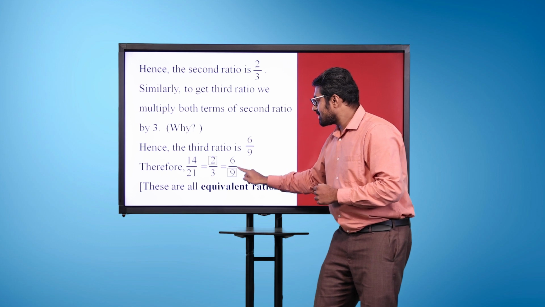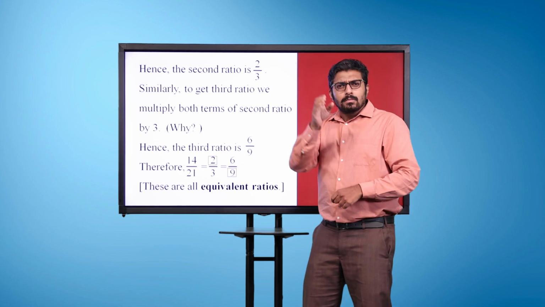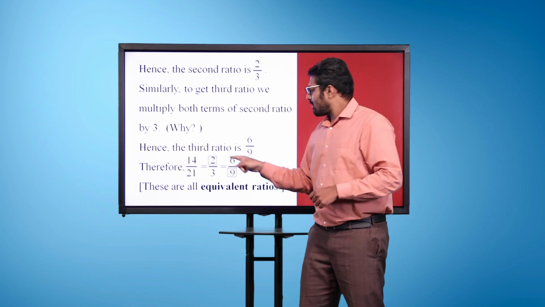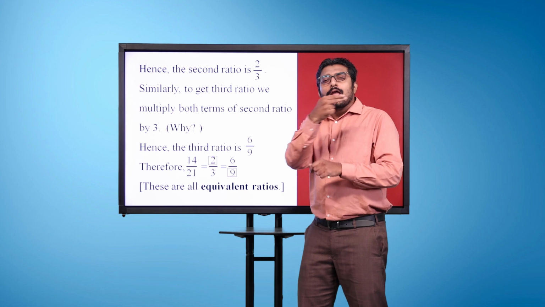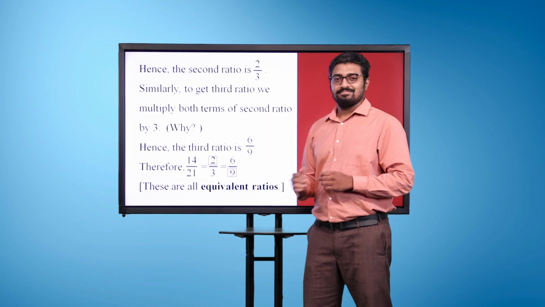Hence, the third ratio is 6/9. Therefore, 14/21 is equal to 2/3, which is equal to 6/9. These are all equivalent ratios.